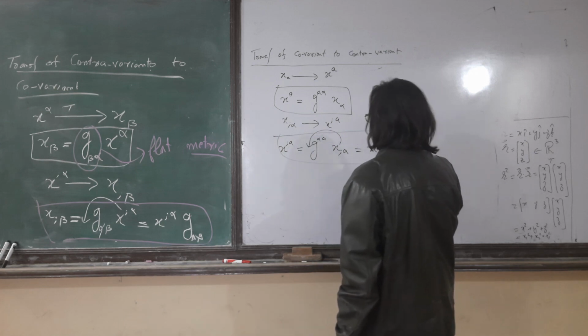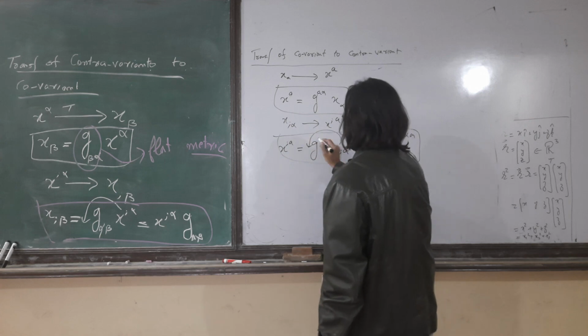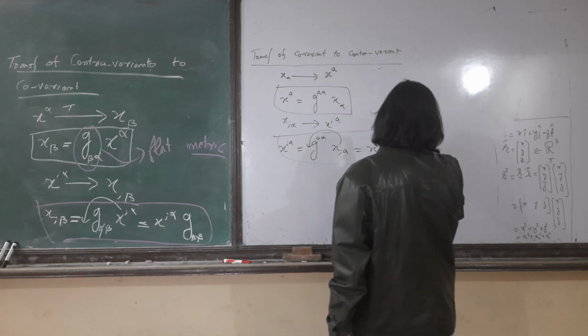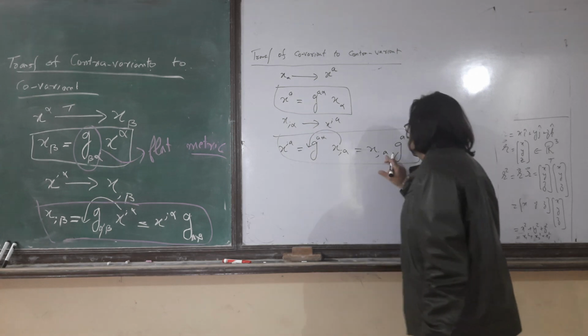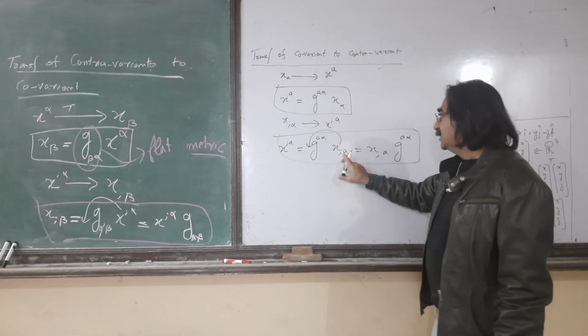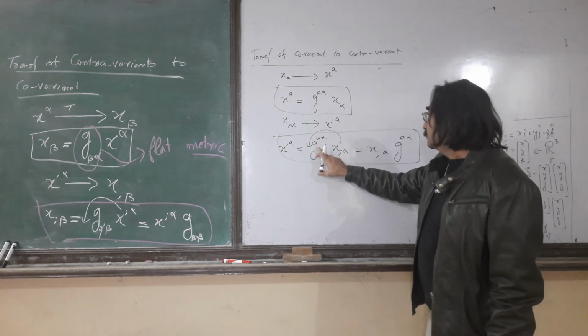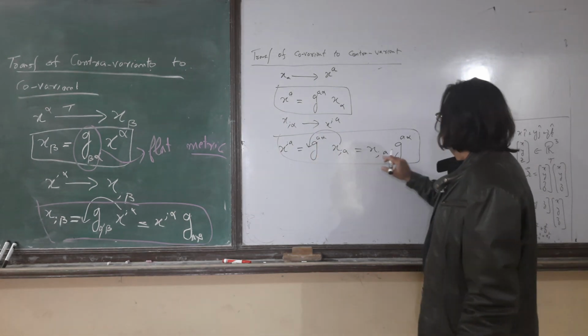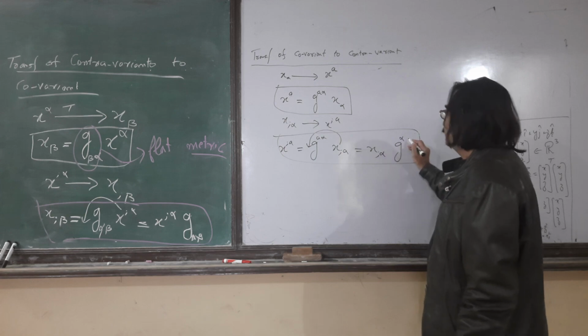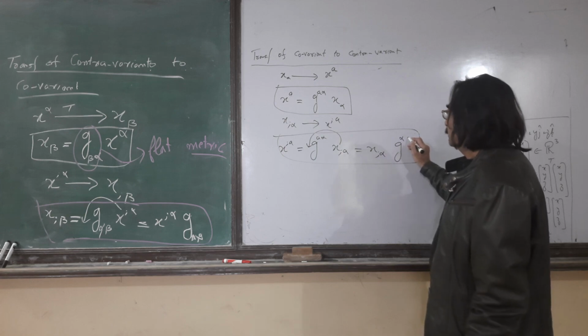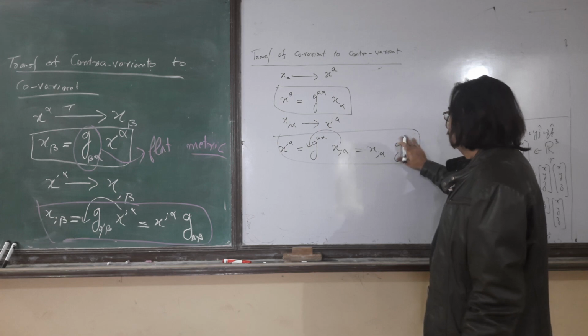No, sorry. Column must be contracted with row. Column must be contracted with row. Okay, sorry, this was alpha.